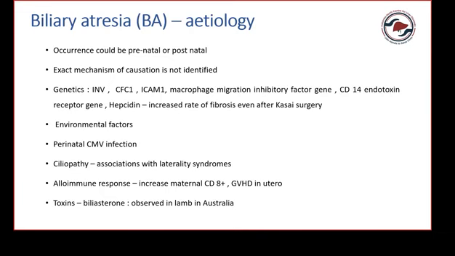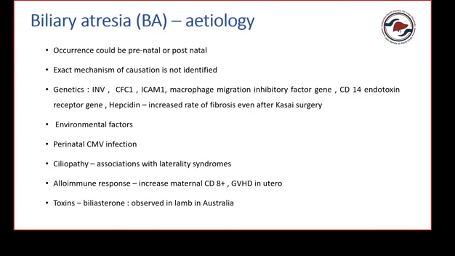We all know cytomegalovirus is well known to cause a neonatal hepatitis picture with cholestasis, and it has a link with biliary atresia as well. Perinatal CMV infection increases the incidence of biliary atresia compared to the general population without perinatal exposure to CMV, and it would indicate a severe disease course as well.